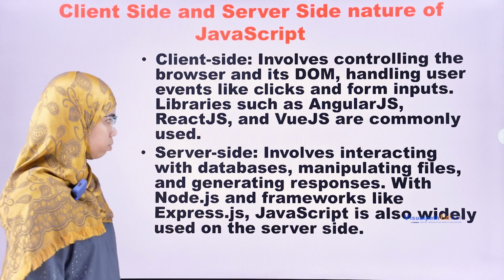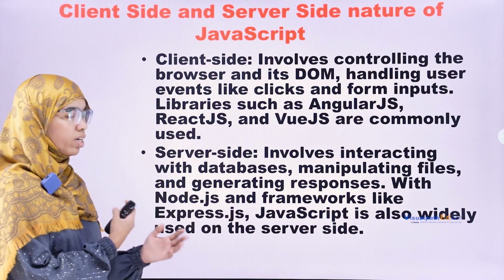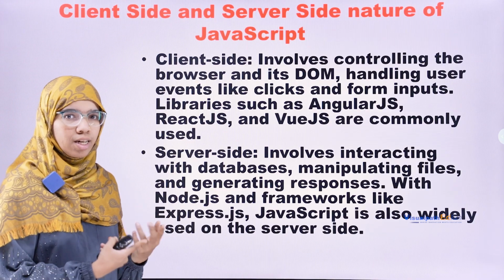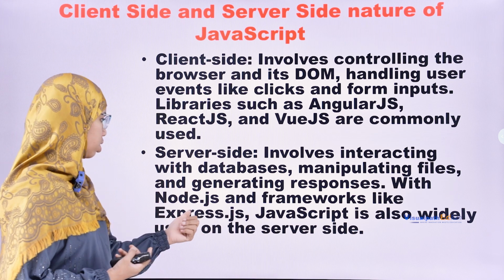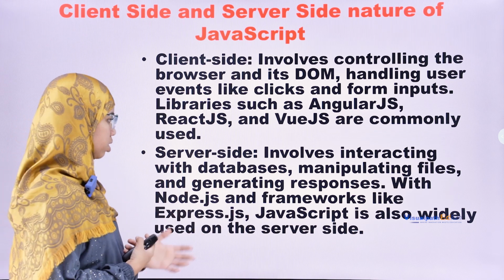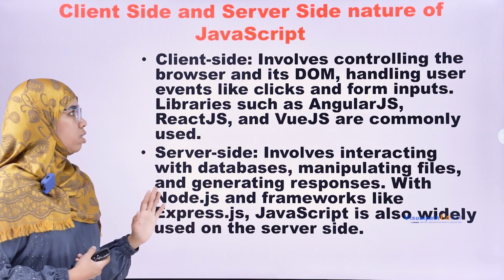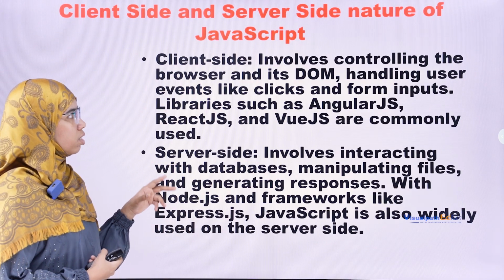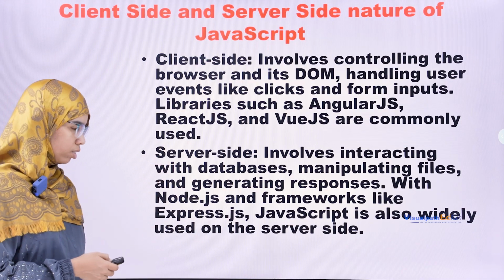On the server side, it involves interacting with the database as and when required, manipulating and updating files, and generating responses to the user with Node.js and the frameworks that we use at the server side in JavaScript. So this is how JavaScript responds on the client side and the server side.